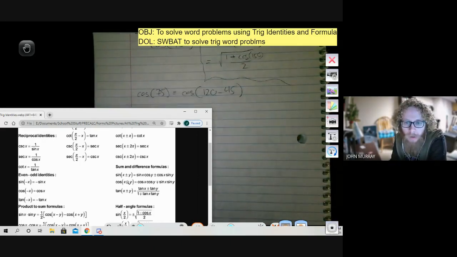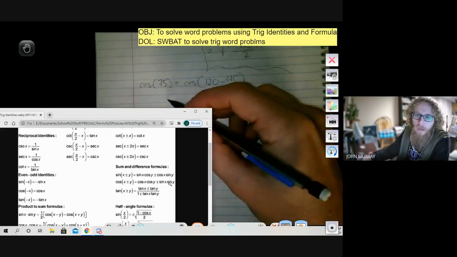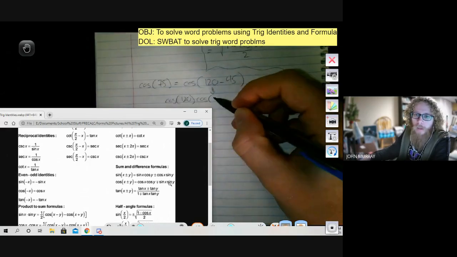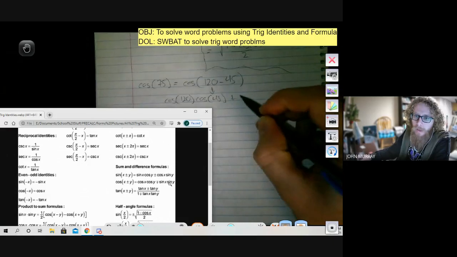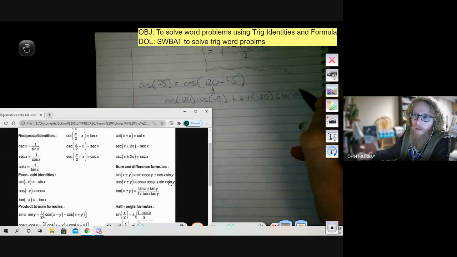So I'd use this rule: cosine of x minus y is equal to cosine x cosine y plus sine x sine y. So I'd rewrite this as cosine of 120 times the cosine of 45 plus the sine of 120 times the sine of 45.